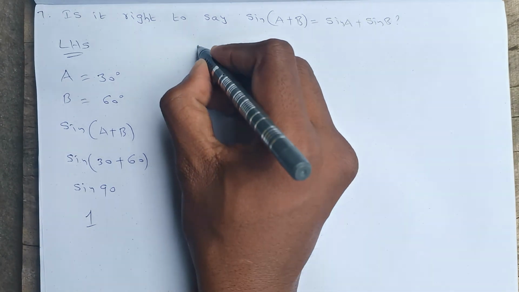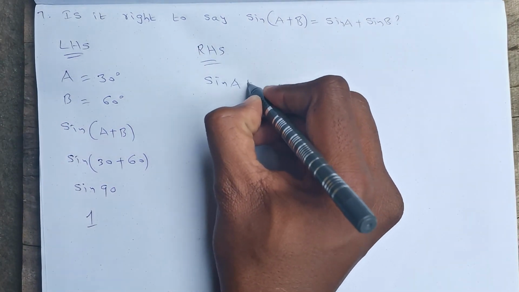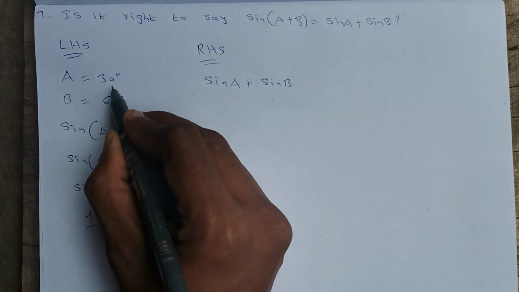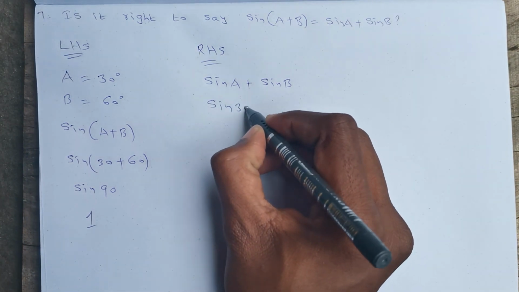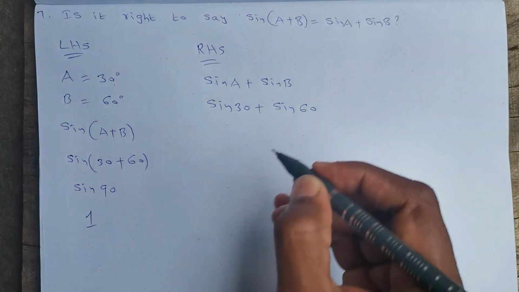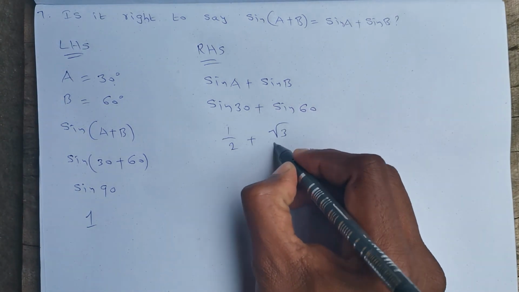Now let us check the RHS also. Sine A plus sine B. Sine A, 30 degrees we took as A, so sine 30 plus sine B, which is 60 degrees. So sine 30 value is 1 by 2 plus sine 60 is root 3 by 2.